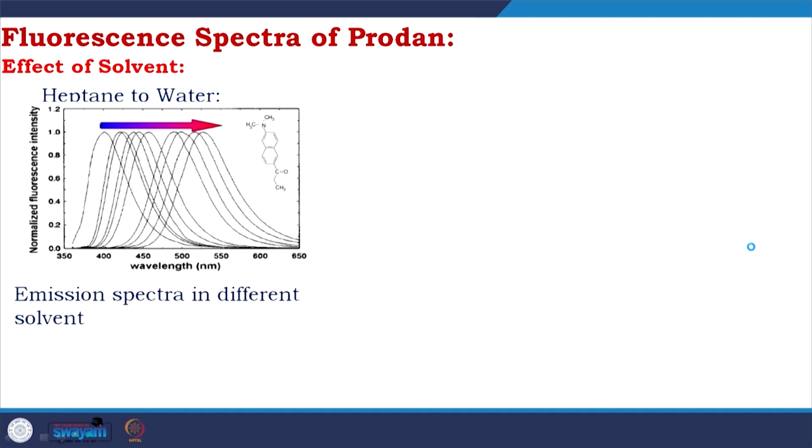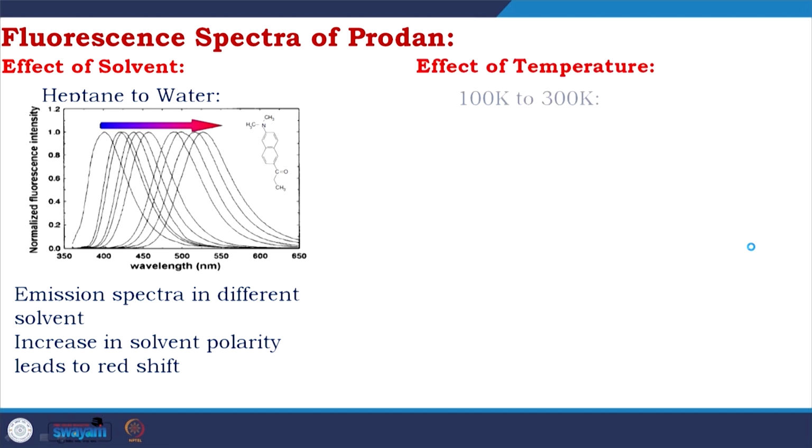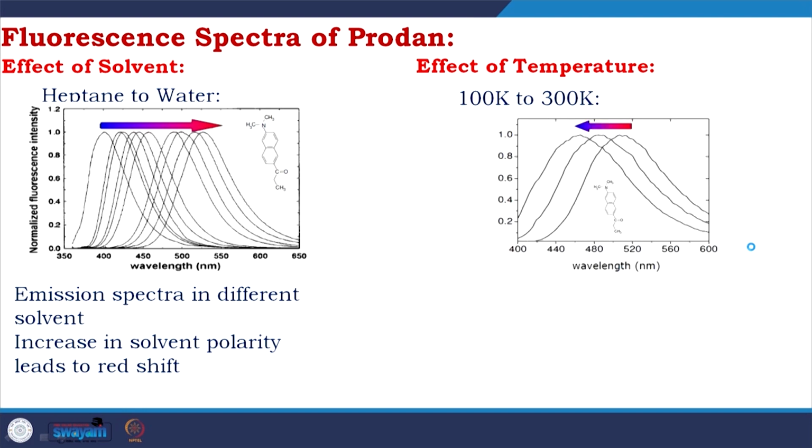So, emission spectra is collected of proton in different solvent. Increase in solvent polarity leads to red shift. Effect of temperature 100 K to 300 K, 3 points are taken and there is clear shifting of the spectra.